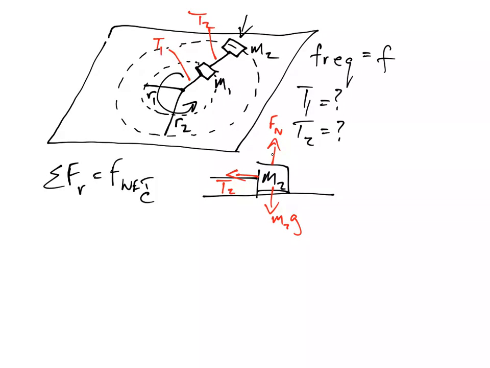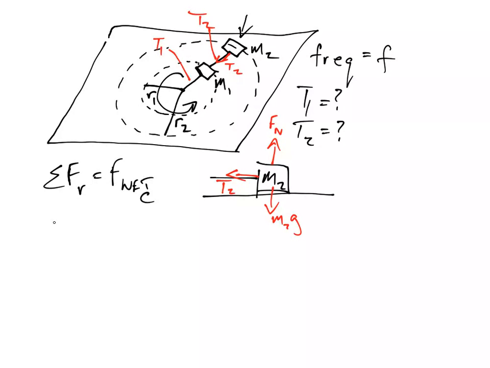They're actually canceled out because it's just sitting on the table going round and round. However, there is no friction, so therefore the only force contributing to circular motion is T2, and it's pointing also towards the center. Okay, so if I was to draw it over here, it would look like this. There's T2.